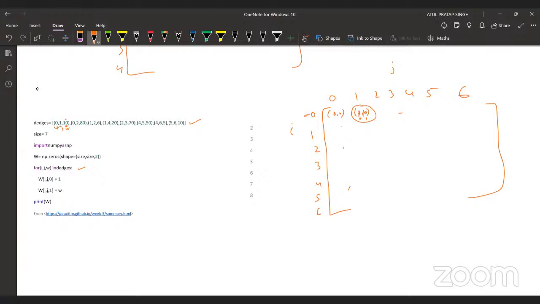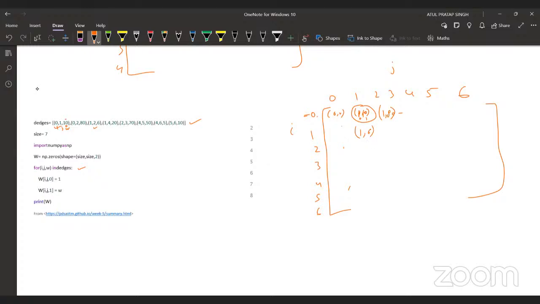Same thing for 0 to 2 with weight 20: position 0 comma 2 will be updated. Same for the third edge, 1 to 2, so position 1 comma 2, where the weight is 6.